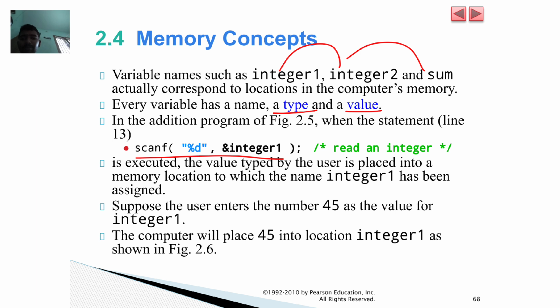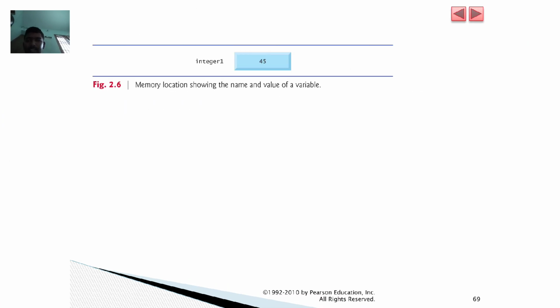When we specify scanf %d and &integer1, we add to that particular location the value entered by you at the time of running the program. The memory location holds the name and the value of the variable.